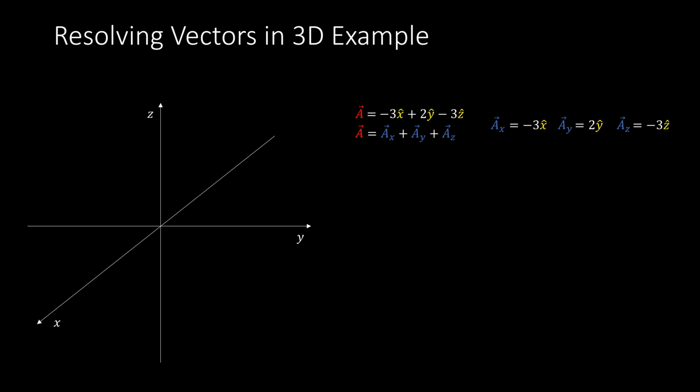First, let's draw unit vectors in the coordinate system. When we have a minus in front of a unit vector, we draw it in the opposite direction. So these are 3 minus x roof vectors, 2 y roof vectors, and 3 minus z roof vectors.